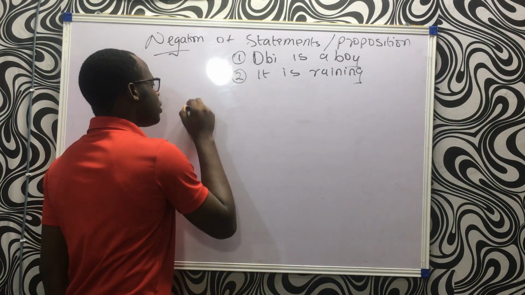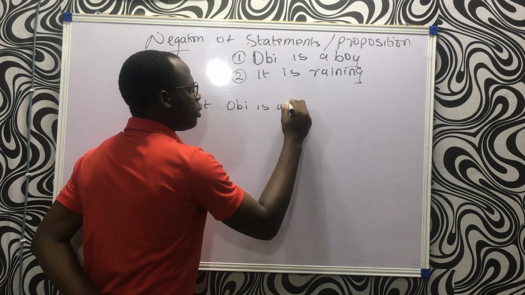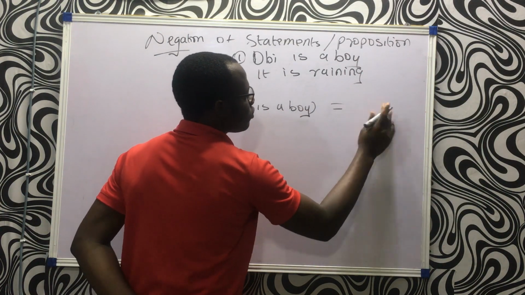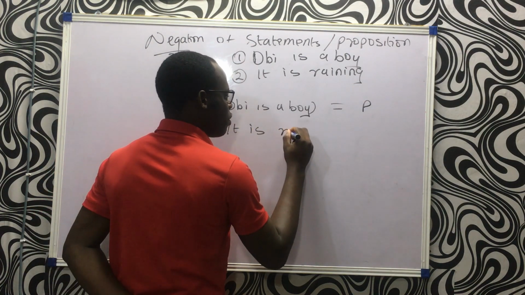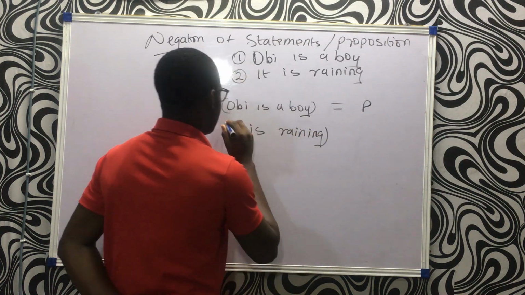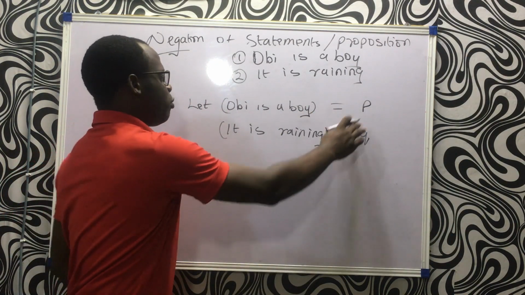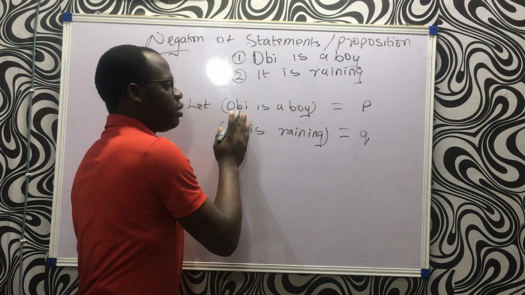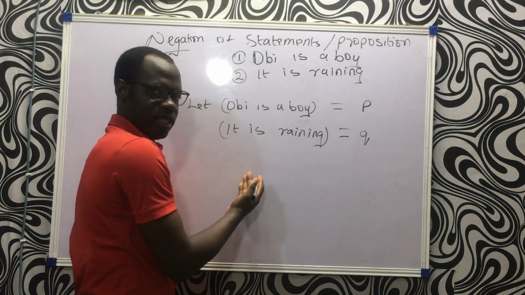Now you can say let "Obi is a boy", which is statement number one, be equal to P. Then "it is raining" be equal to Q. At this point, Obi is a boy is equivalent to P, and the value of P is Obi is a boy. It is raining is equal to Q, and the value of Q is it is raining.